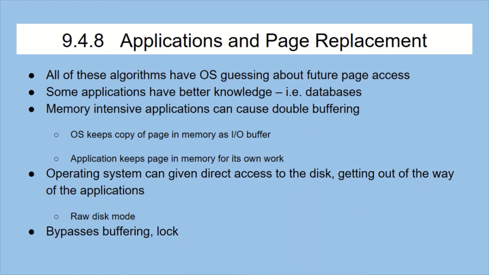Next, the application keeps the page in memory for its own work. Then the operating system can be given direct access to the disk as a raw disk, getting out of the way of applications, and lastly, it bypasses the buffering.